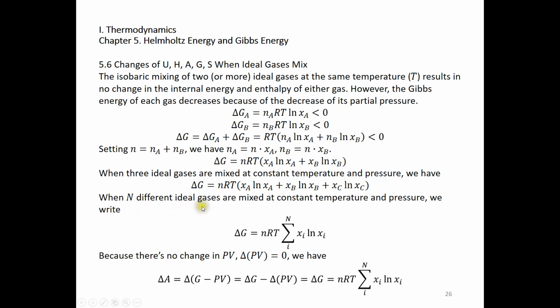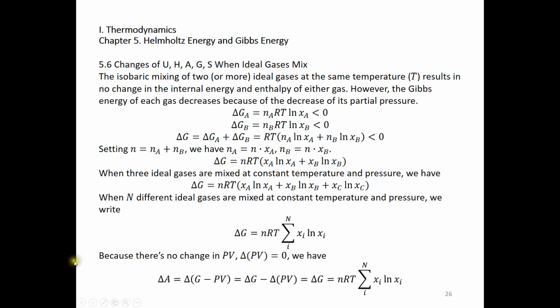Well, we'll have to resort to this uppercase Greek letter sigma. Sigma denotes the sum, and over here it's the sum of x of i times the natural logarithm of x of i. i is just the index of the ideal gases. i is from 1 to N.